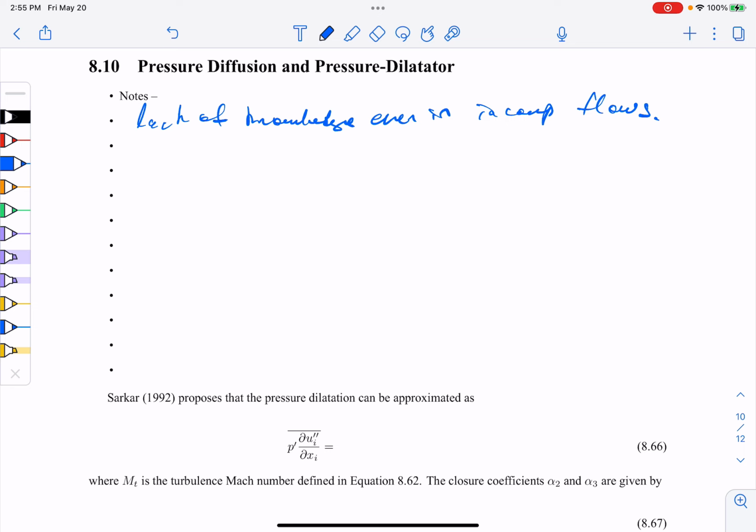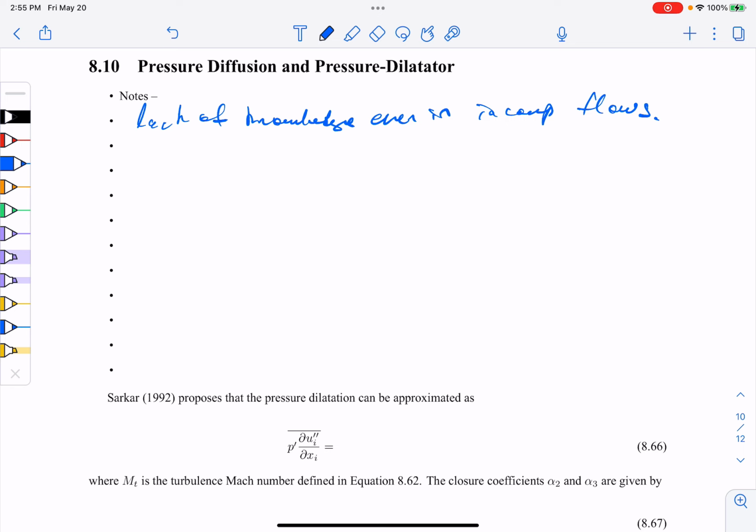So that means that even less is known about these particular triple product correlations in high-speed flows. Now, we're lucky in some sense. There's some fundamentally different role that pressure plays in compressible flows relative to, say, incompressible flows at low speed. And therefore, we might suspect that ignoring pressure diffusion and pressure dilatation might lead to error.